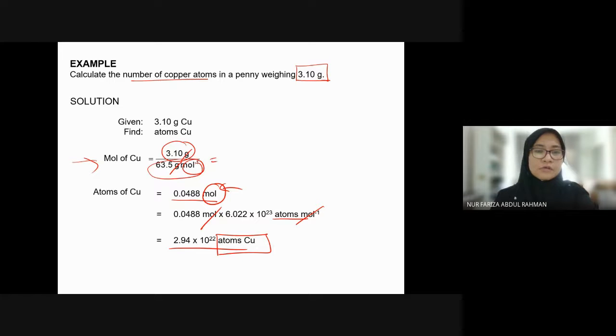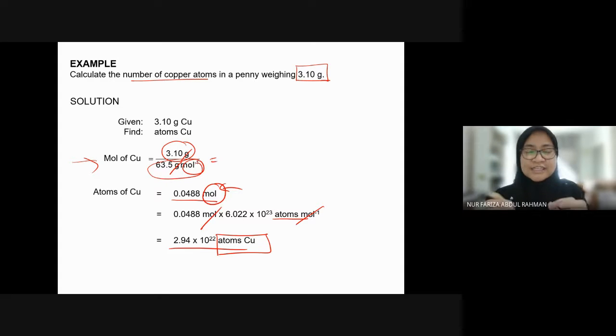So please, let bygones be bygones. What you have learned during your SPM time, you have updated your knowledge in Asasi. You know that you need the unit.